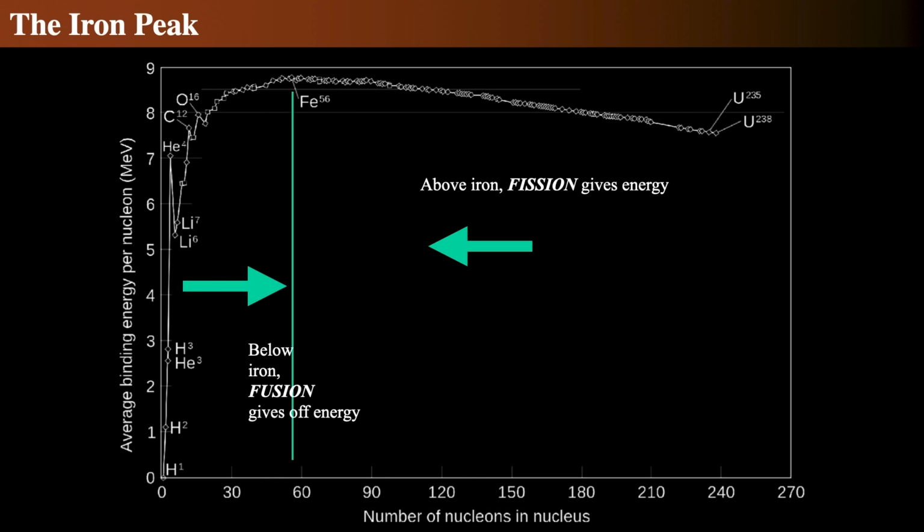So that's why we use uranium in order to power our nuclear power plants, because uranium falls apart. And as it falls apart radioactively, it gives off energy. And that's what the far right-hand side shows. But we're talking about stars, we're talking about massive stars, and they all try to go towards iron, because iron is the most bound of all the nuclei.